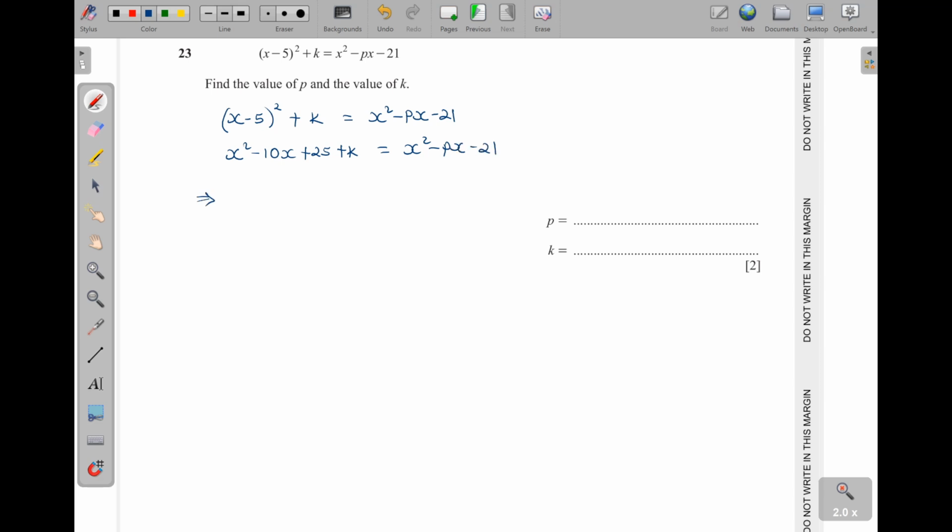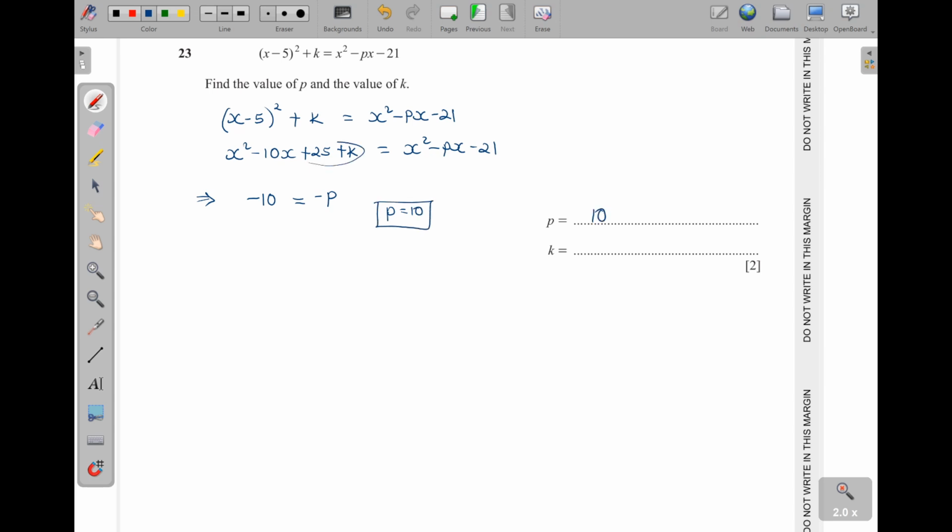So this simply implies, you look at the coefficient of x squared, it is 1, 1. Now get the coefficient of x, which is negative 10, then you equate it to the coefficient of x here, which is negative p. This means that p is equal to 10 if you divide all through by negative 1, so p is 10.